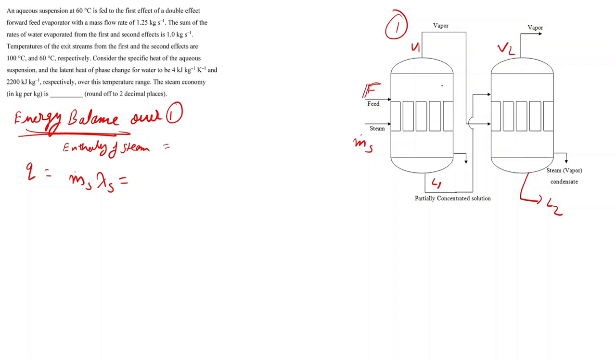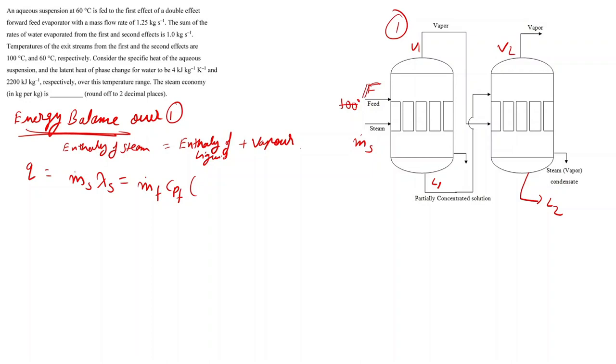Similarly, this steam will be used to vaporize this liquid, so we can write it as enthalpy of liquid plus vapor: mass flow rate of feed times Cp of feed times the temperature change of the feed, where the inlet temperature was 100 degrees Celsius.